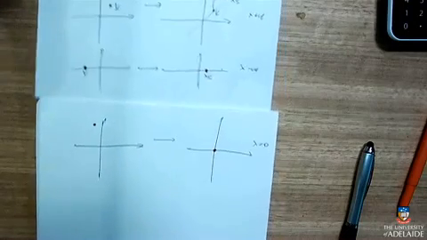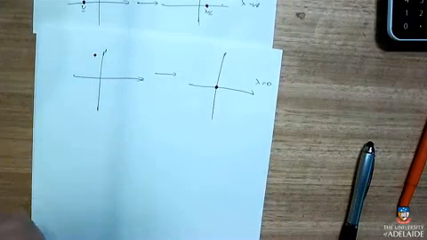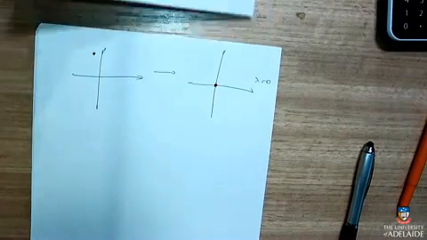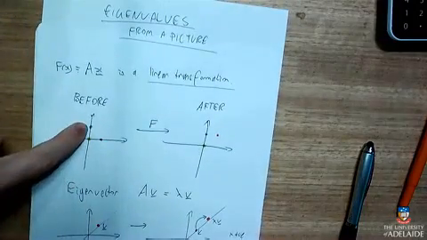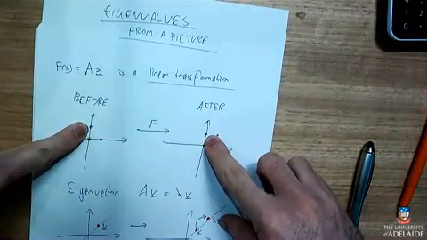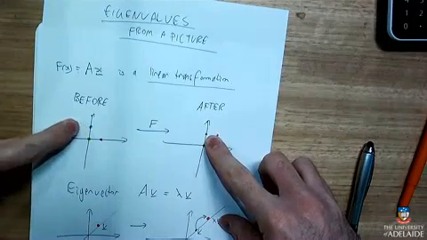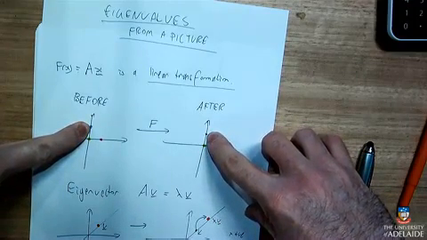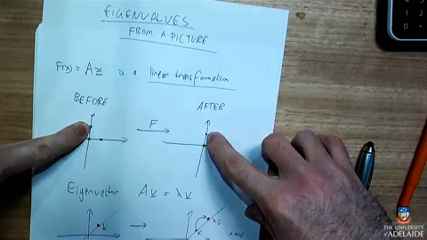Which means that if I see a picture which shows clearly where vectors go, I might be lucky enough to find an eigenvector. For example, in this picture, this blue dot is an eigenvector because it didn't move at all. There's v, there's the result of v, and so we have Av equals v.